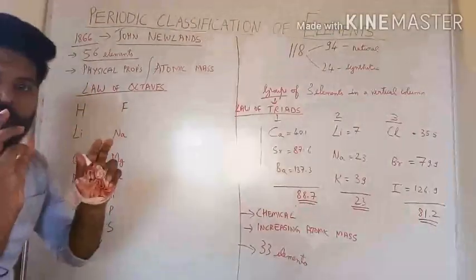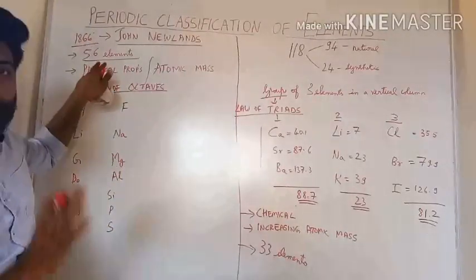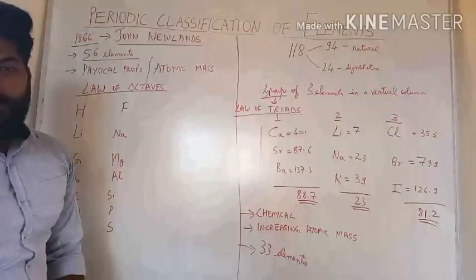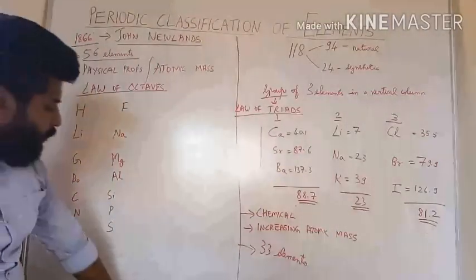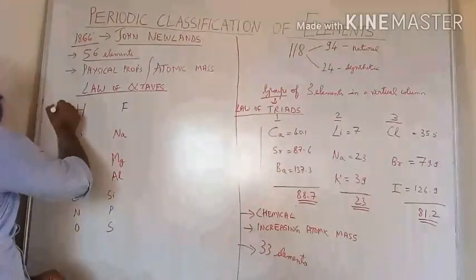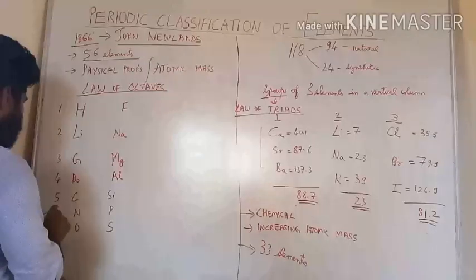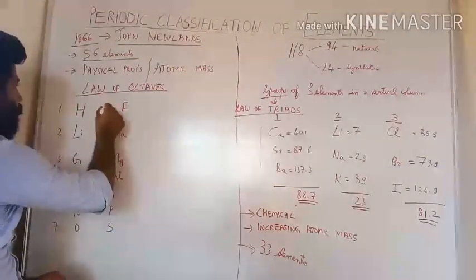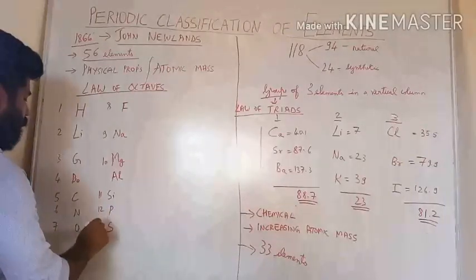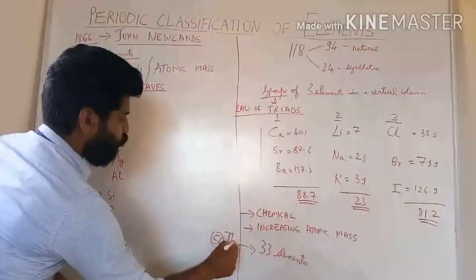This is just one small portion of the 56 elements classified by John Newland. As you can see, when he arranged the elements in increasing order, element number 1, 2, 3, 4, 5, 6, 7, 8, 9, 10, 11, 12, 13 and up to the 56th element, which was thorium.